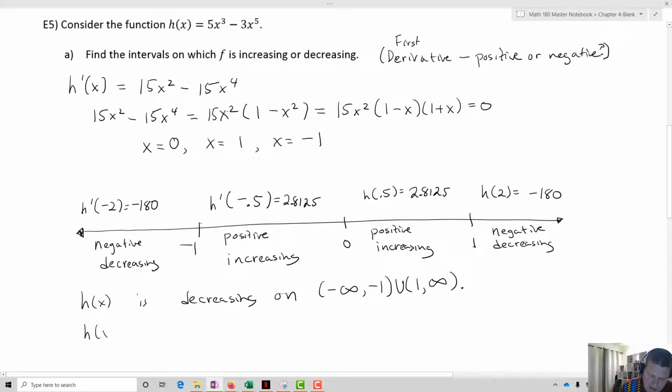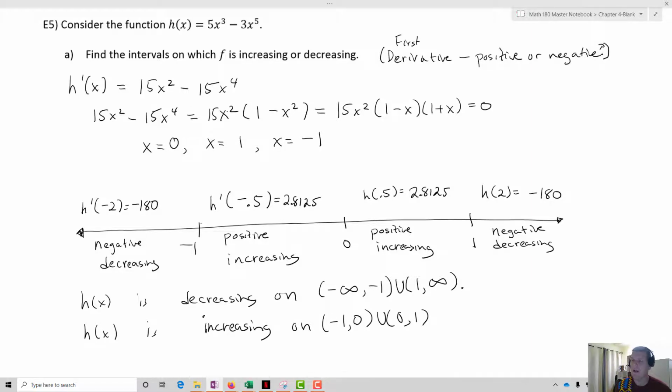Then h of x is increasing on negative 1 to 0, union 0 to 1. Again, notice that I didn't include negative 1, 1, or 0 inside of this particular interval, because those are critical numbers, and they're not actually places where the function is increasing.